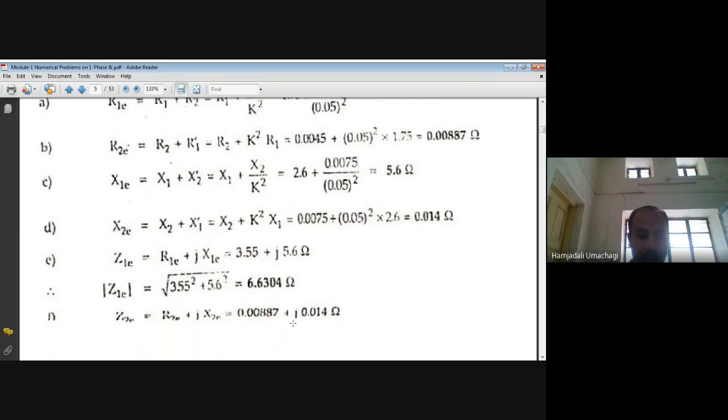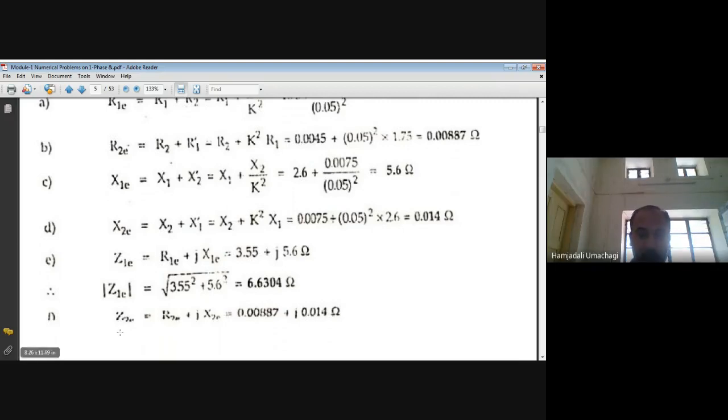Then similarly, next you calculate Z2E, secondary equivalent impedance. Z2E is equal to R2E plus jX2E. R2E is 0.00887 plus j times X2E, that is 0.014 ohms.